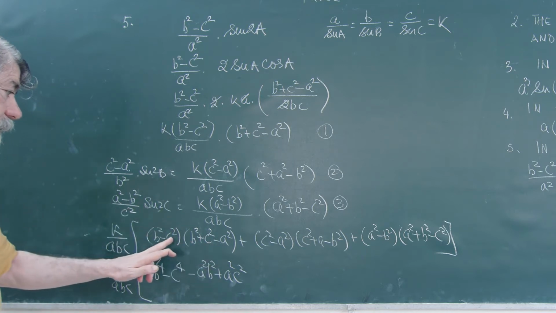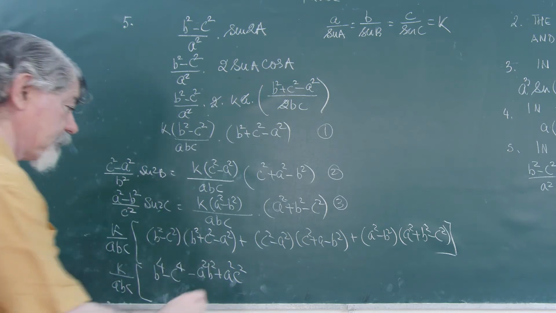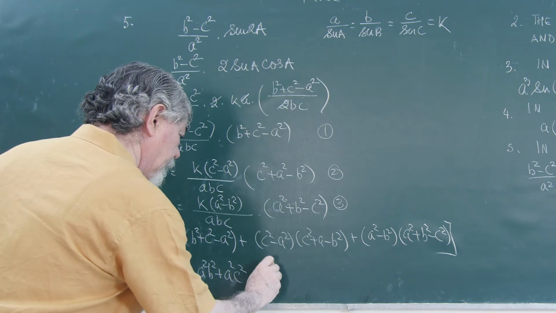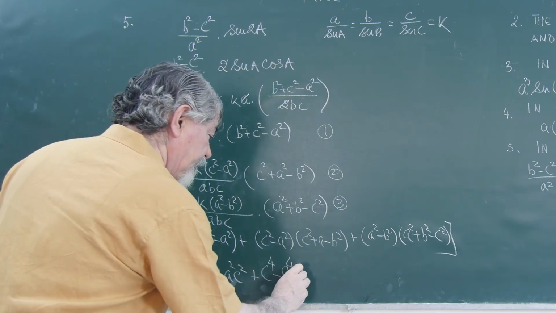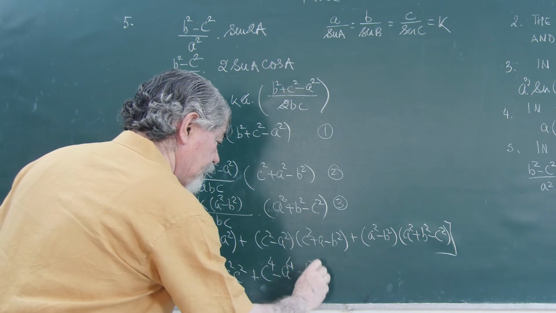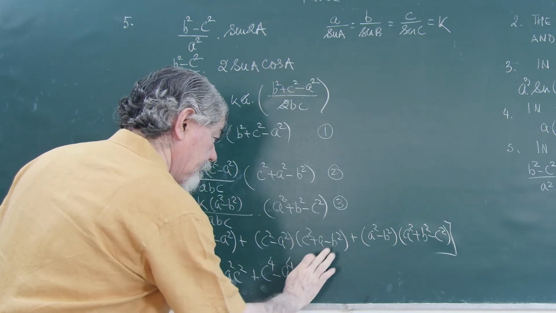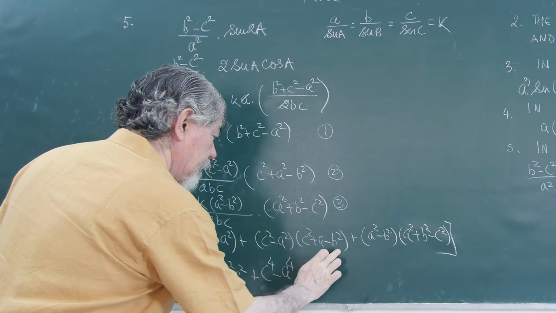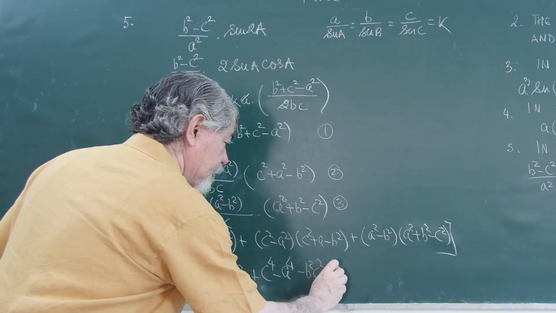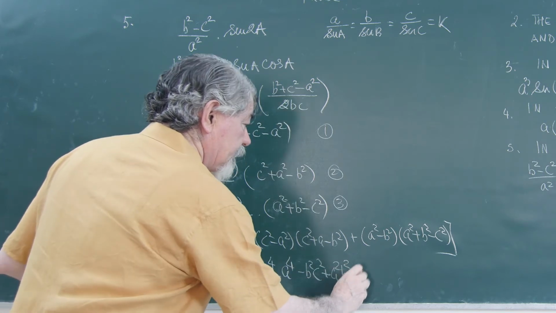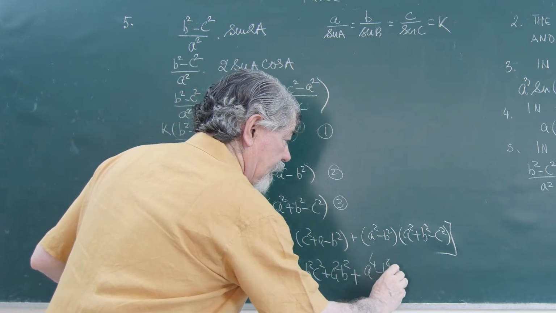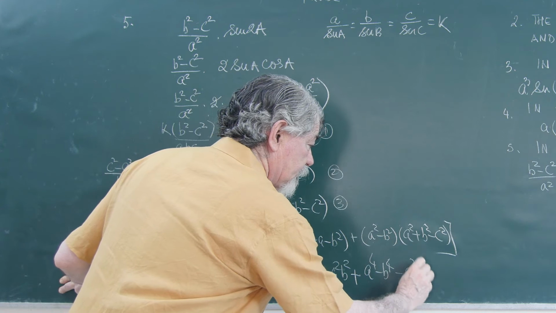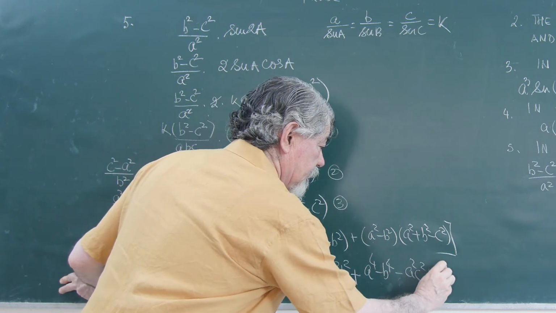Then A square multiplied with these two terms. Similarly, it will be C4 minus A4 and it will multiply with minus B square C square, but plus A square B square. Plus, it will come A4 minus B4 and it will come minus A square C square plus B square C square.